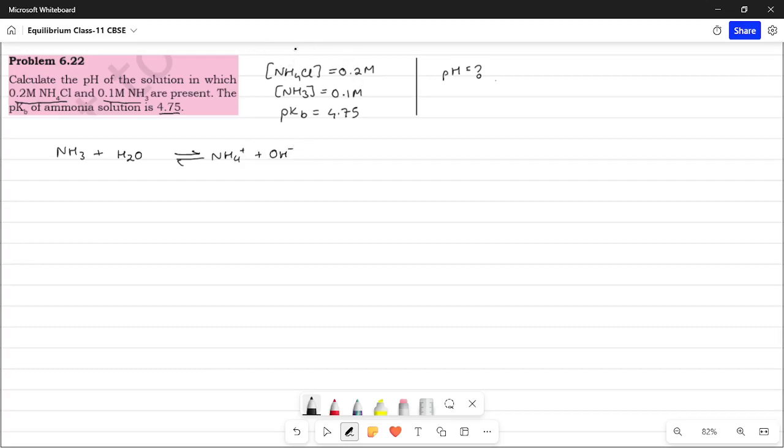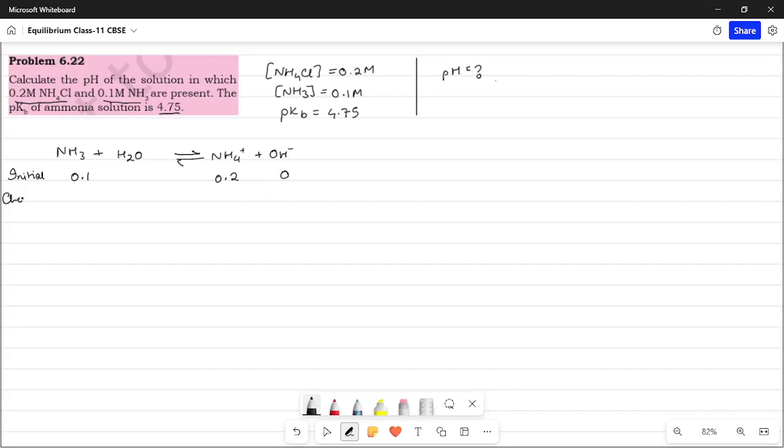So essentially this NH4Cl is there, right? That's essentially what this NH4 plus represents. It's the ion. Okay, so first let's write down the initial concentrations. Initially the concentration of NH3 is 0.1 molar, concentration of NH4 plus is 0.2, and concentration of OH minus, we're going to assume it to be 0.